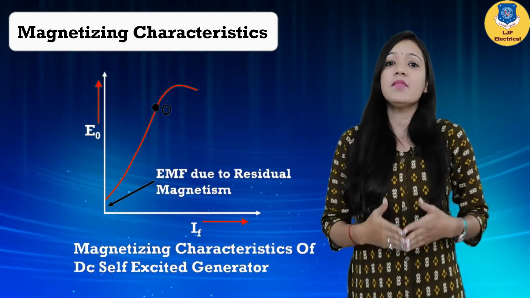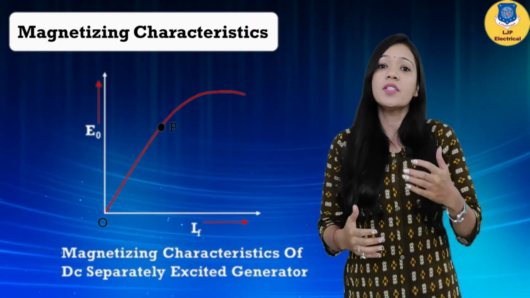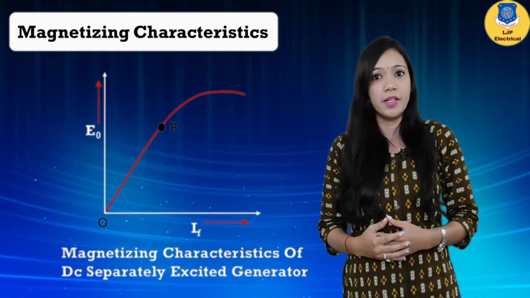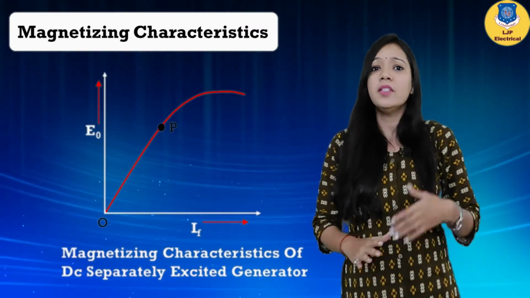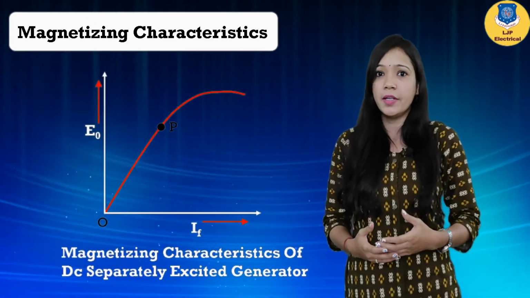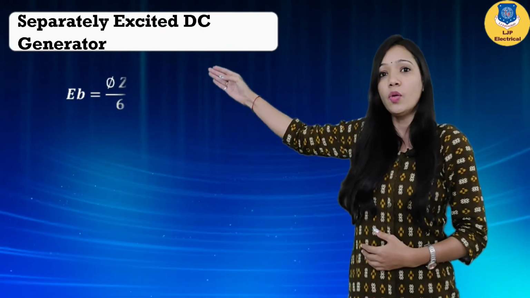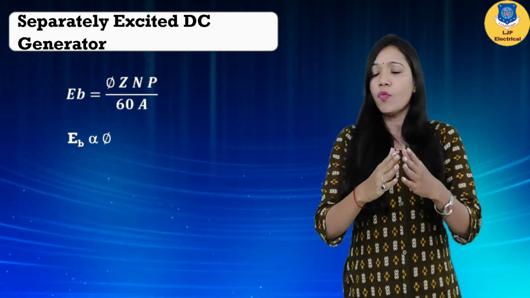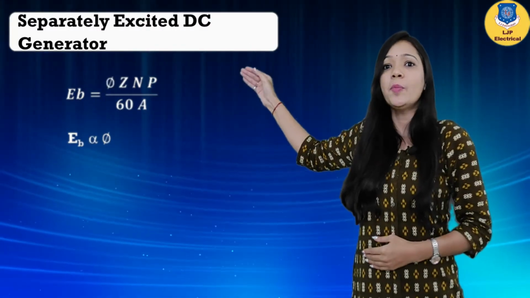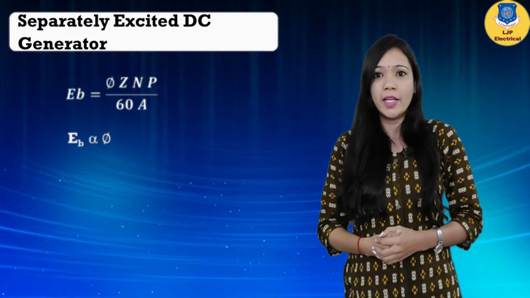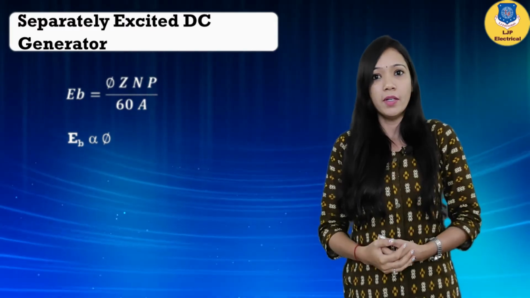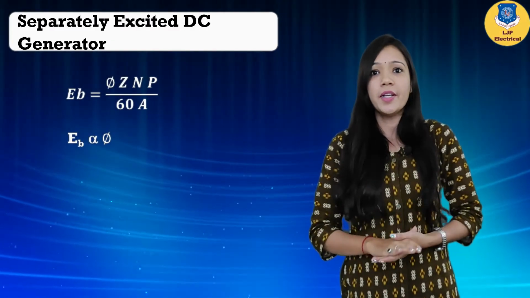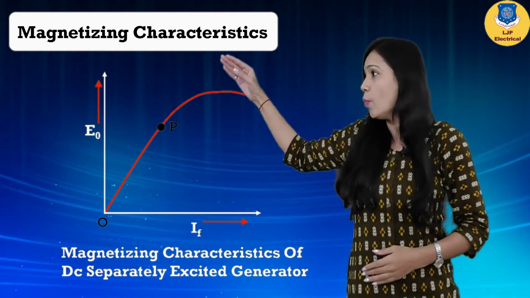Now let's see the magnetizing characteristic for the separately excited DC generator. We know that the EMF equation of a DC generator is given by E = phi Z N P divided by 60A. So from the equation, E is directly proportional to the flux phi for the value of field current. So it is a straight line represented by OP.